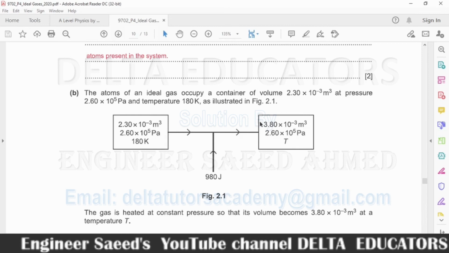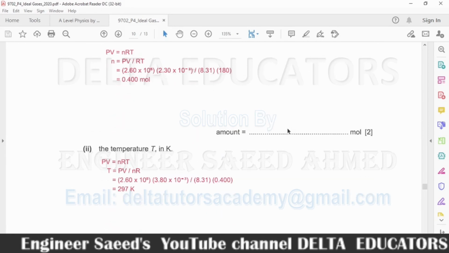Now volume: we will not consider the initial volume because we have to find the temperature T, so we have to use the final data.